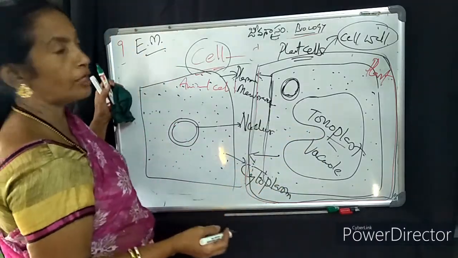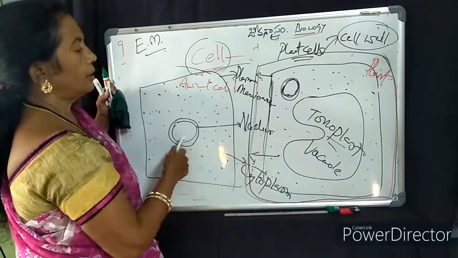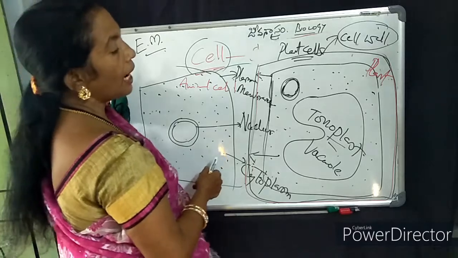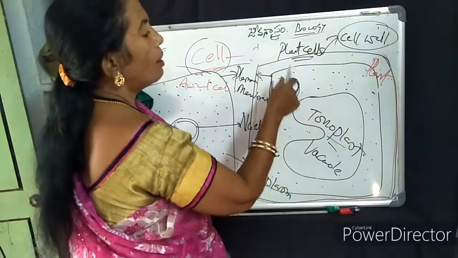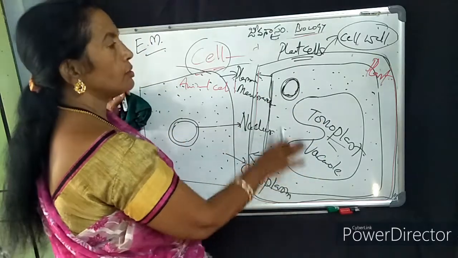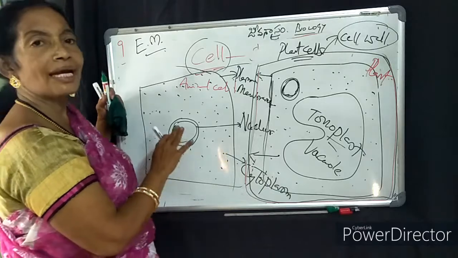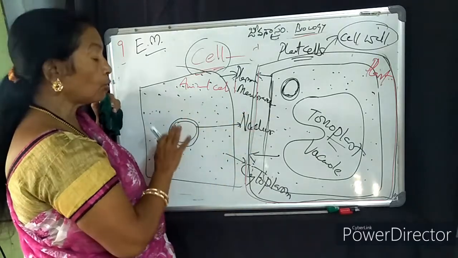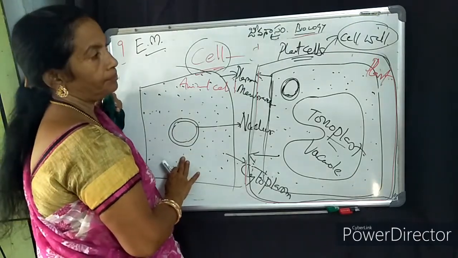Vacuoles or tonoplasts are absent in the animal cell.